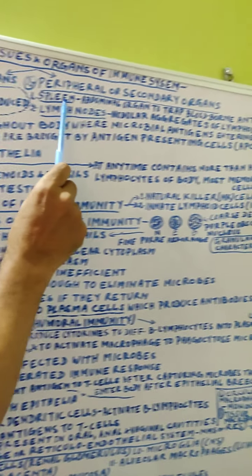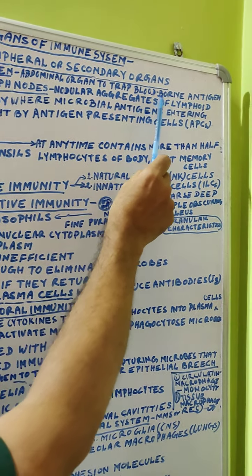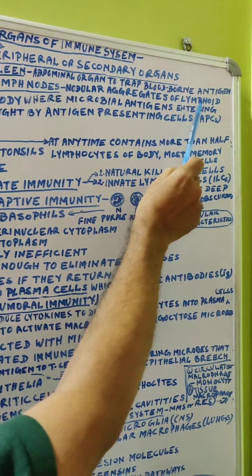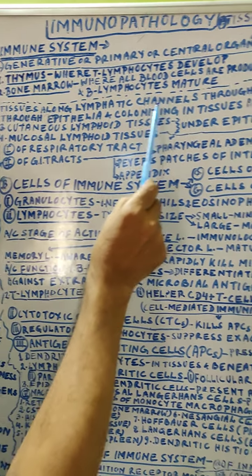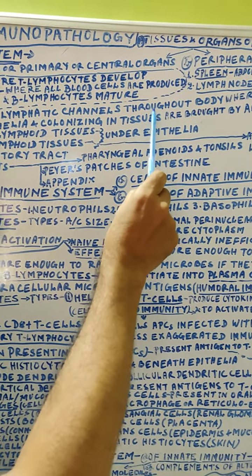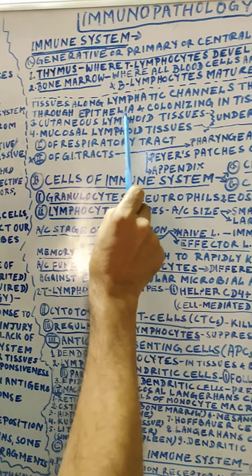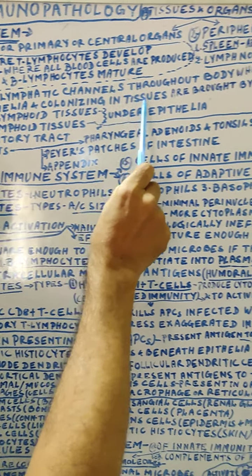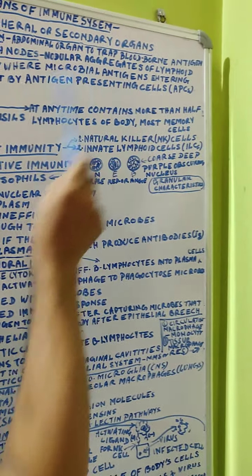So, spleen is an organ to trap blood-borne antigens. Lymph nodes are nodular aggregates of lymphoid tissues along lymphatic channels throughout body, where microbial antigens entering through epithelia and colonizing in tissue are brought by antigen presenting cells.